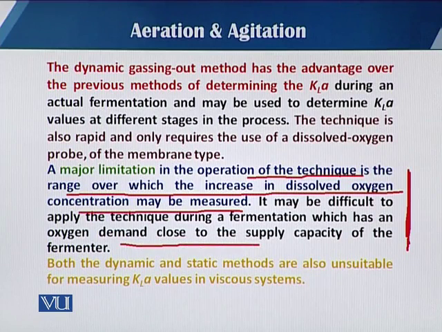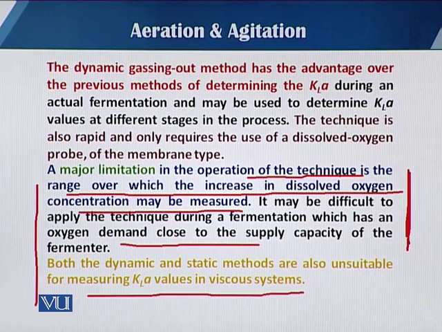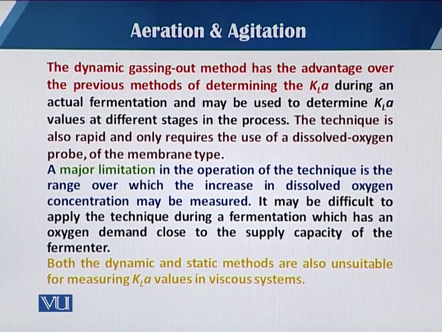Both dynamic and static methods are also unsuitable for measuring KLa except on a small scale, because we cannot calculate exactly each and every time the demand varies. That's why both methods have their own limitations. Theoretically we can use them, but practically these two methods are very difficult to utilize.